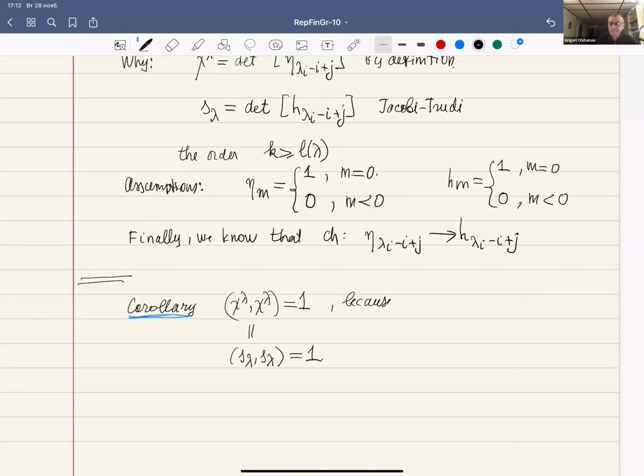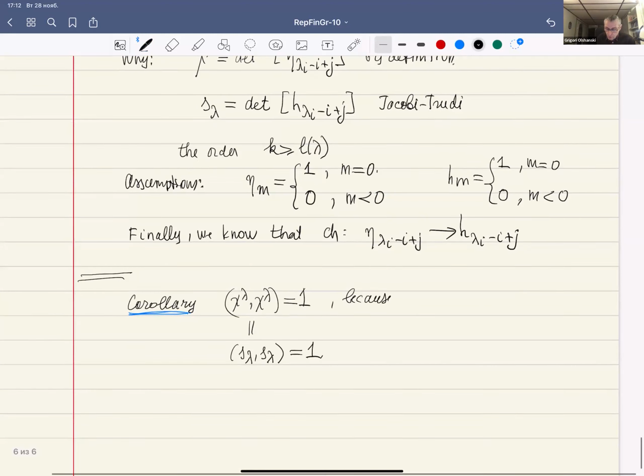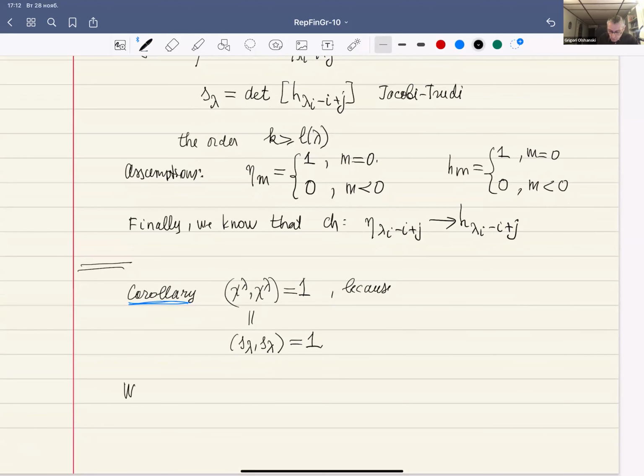We know this by the very definition, actually, of the scalar product in the algebra of symmetric functions. This is equal to 1. So we have verified condition 2.